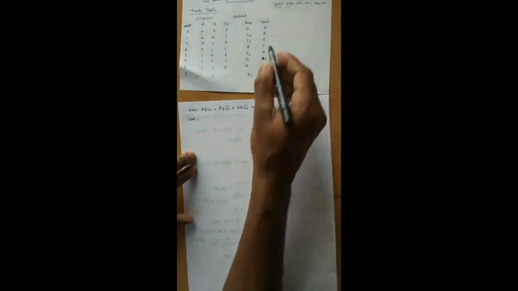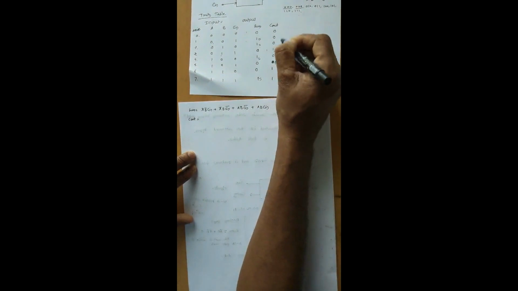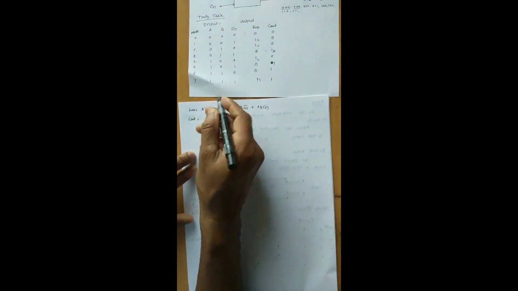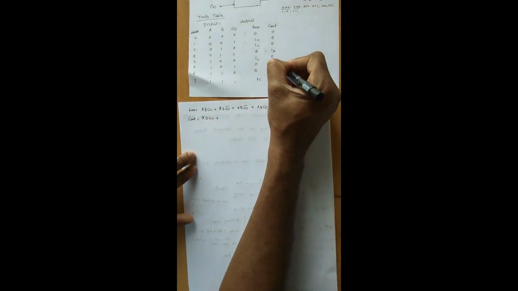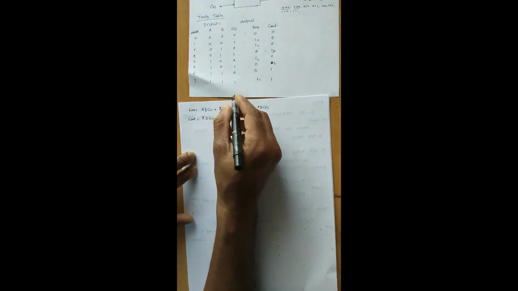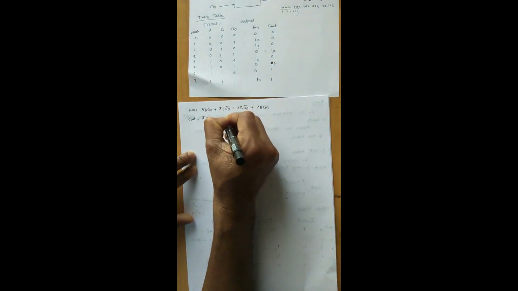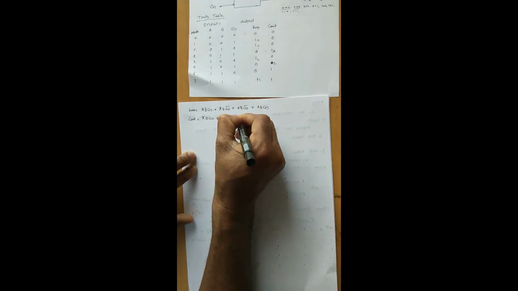In a similar way, find out the values of C out. After that we will reduce the expressions. For this one the input variables are A bar, B, C in. For this one the input variables are A, B bar, C in.